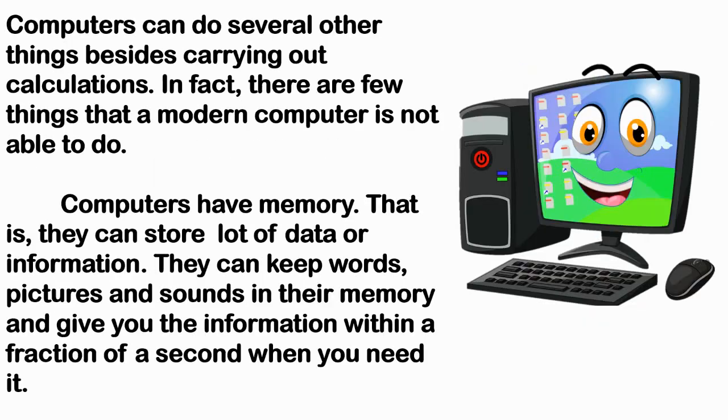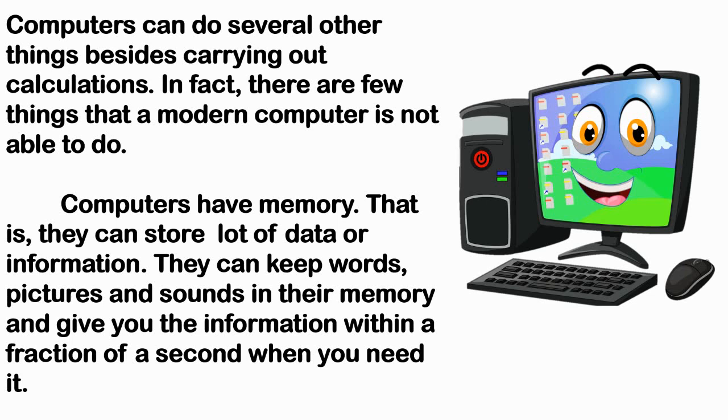Computers can do several other things besides carrying out calculations. Now we know that the computer not only carries out mathematical operations like addition, subtraction, multiplication and division, which are called calculations, but also they can do much more.